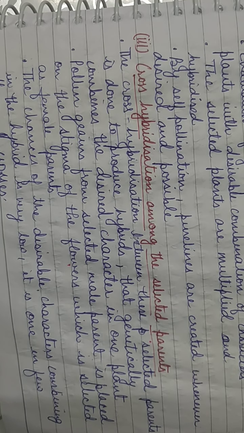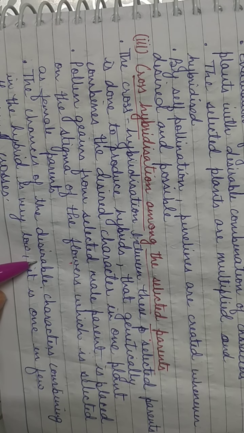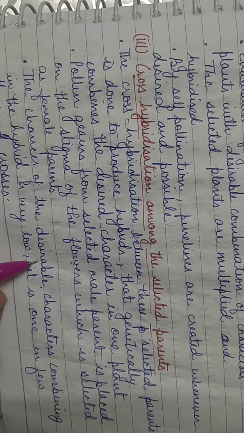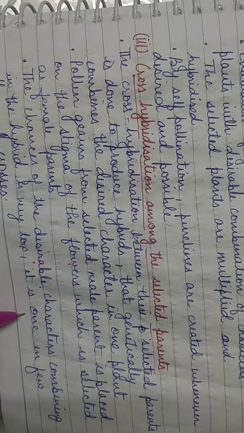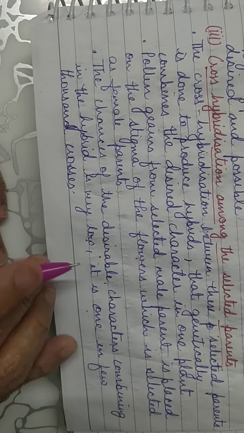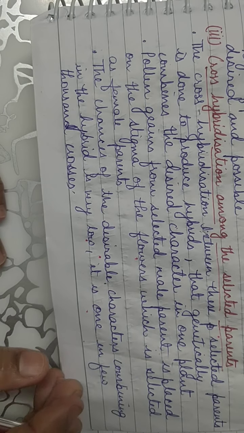Now, but children, do you know that the chance of getting a hybrid which has both the desirable characters is very, very low. It is just 1 in a few thousand crosses. So you can see the probability is very low.